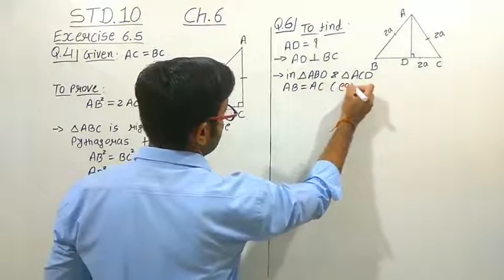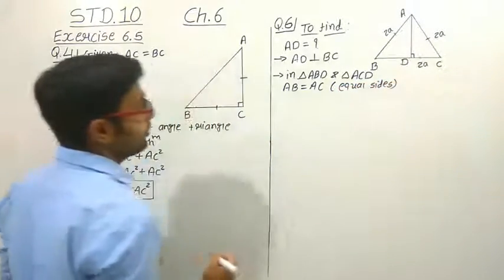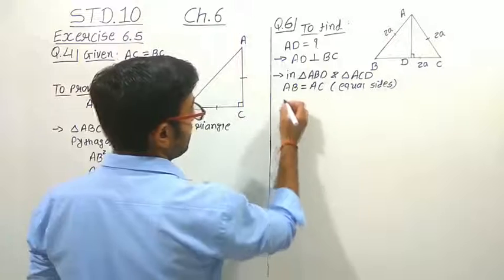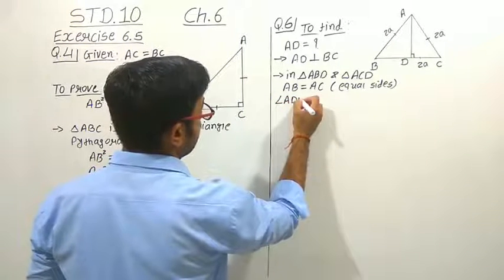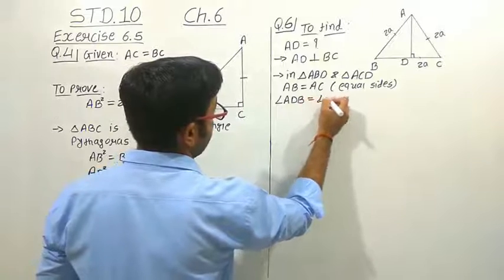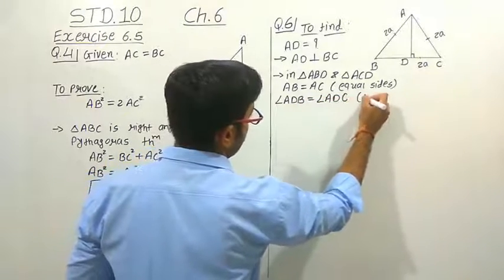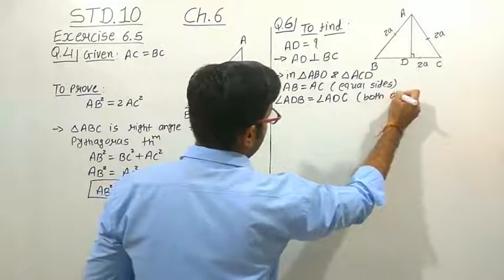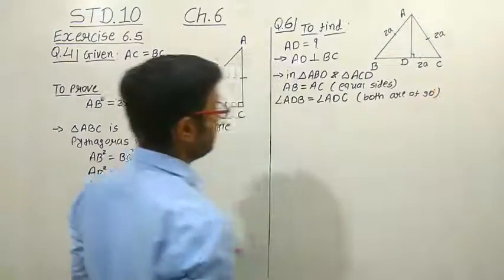Reason is equal sides. One more thing we can write down that angle ADB will become equal to angle ADC because both are of 90 degree, right?